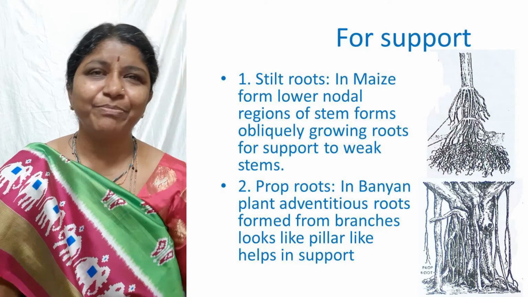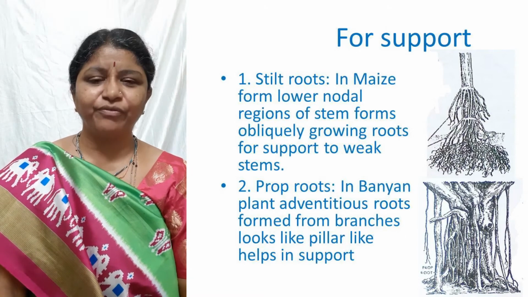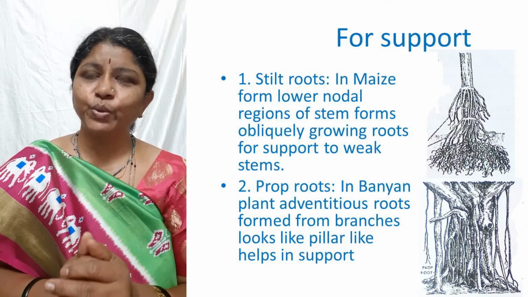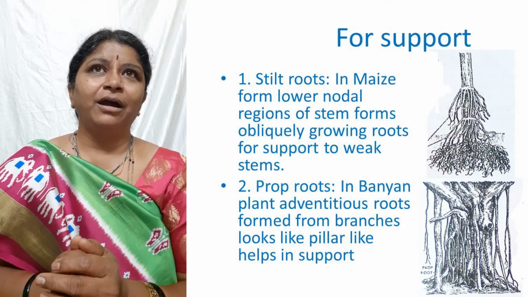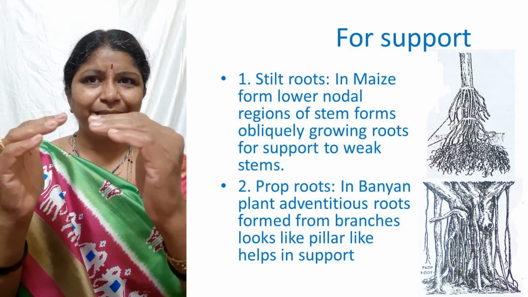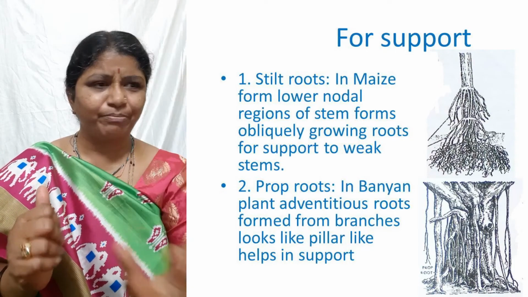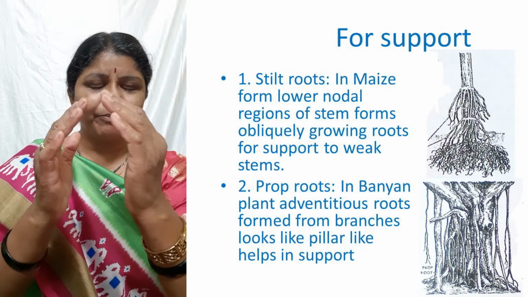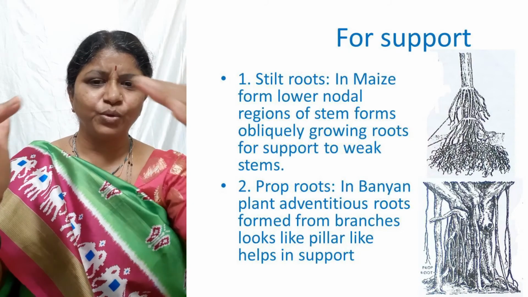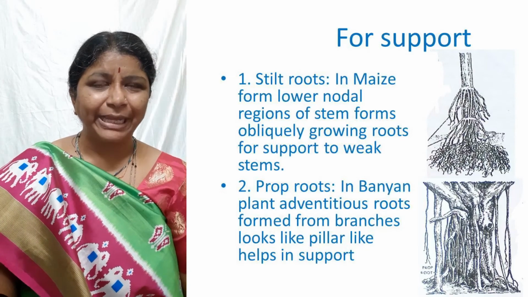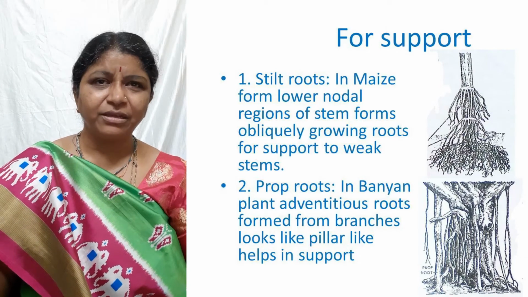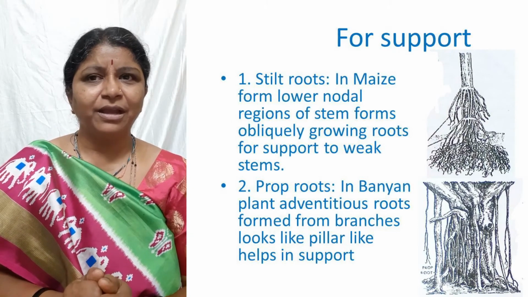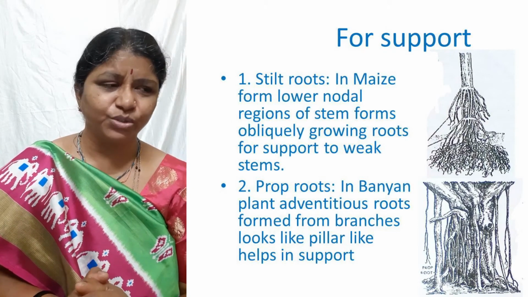And the third type of modification we find is meant for giving mechanical support, like that of the stilt roots we find in maize. From the basal nodal region of the weak stems, the maize plant being very weak and lengthy, some roots are produced obliquely and give mechanical support to the weak-stemmed plant. Such roots are known as stilt roots.